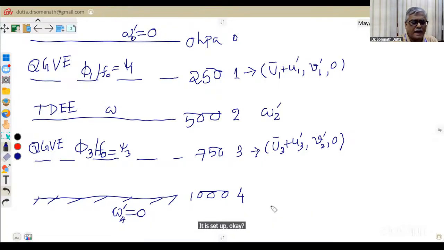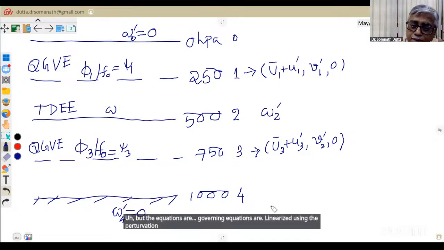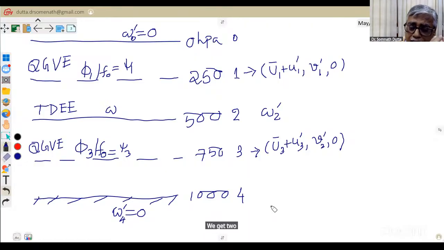Okay, so ultimately the governing equations are linearized using the perturbation technique. After linearizing, we get two equations.